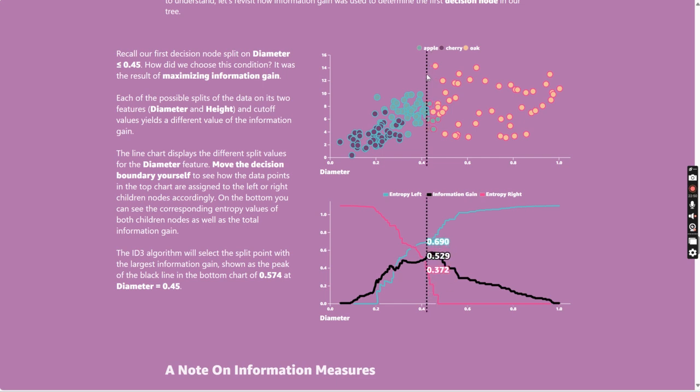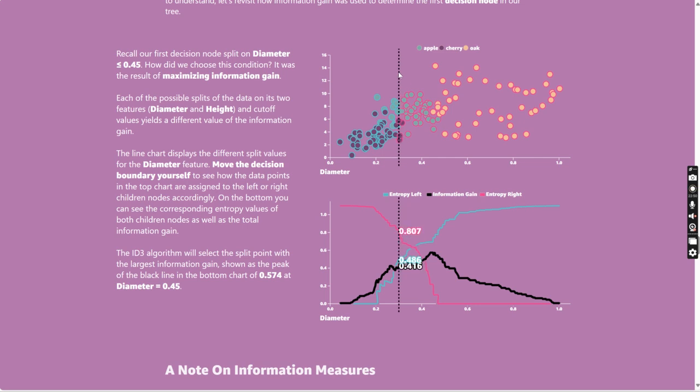The second split will happen going on. So entropy is still decreasing, information gain is still improving, right? Here maybe. Okay, information gain is decreasing.